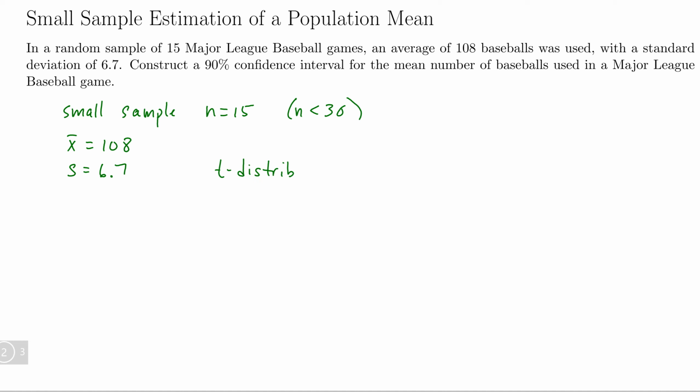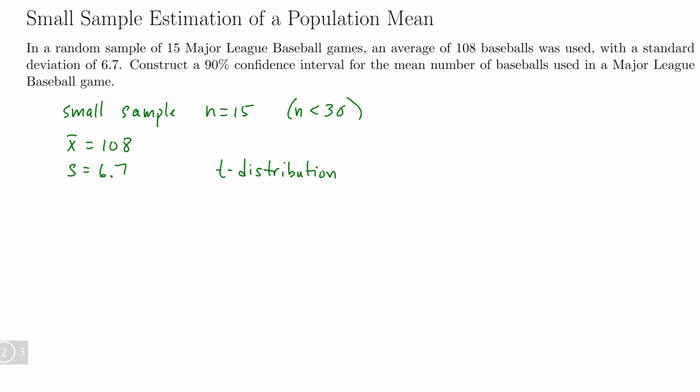If we had sigma here, which is less likely, but again, possible, then we could have used the standard normal distribution and proceeded the same way we did in the previous problem. Since we have a small sample and we have the sample standard deviation, which again is the most common scenario, then we're going to have to use the t distribution, which comes from a different table.